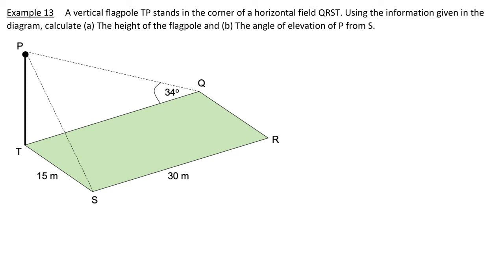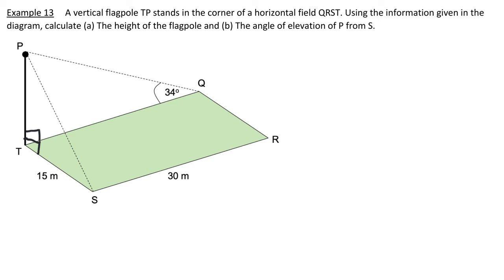Example 13: a vertical flagpole TP stands in the corner of a horizontal field QRS. So what we have then is that the flagpole will be perpendicular to the line TQ and will also be perpendicular to the line TS. Find the height of the flagpole.